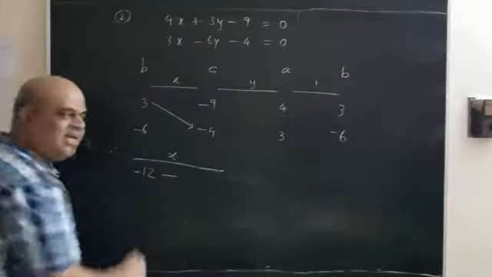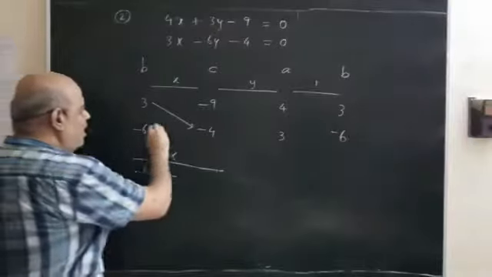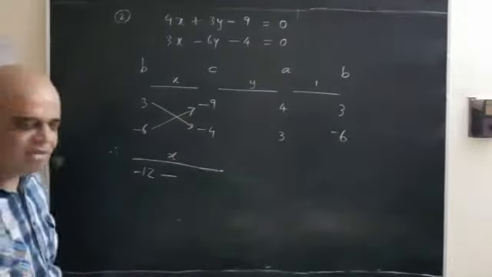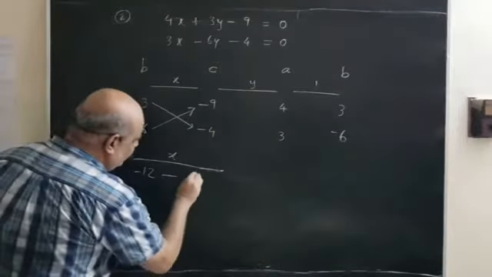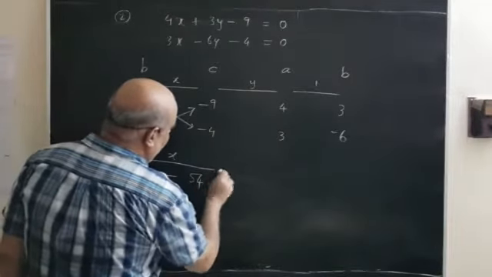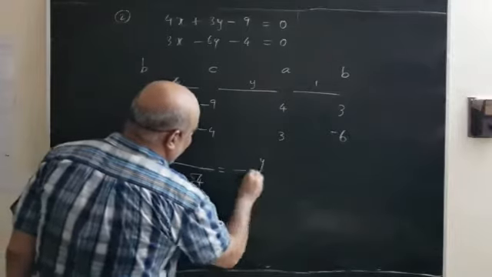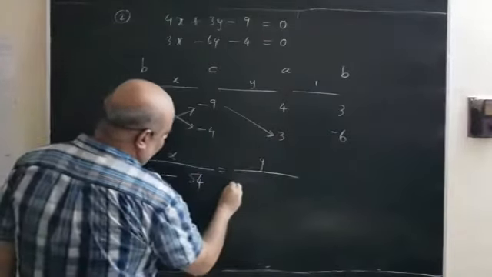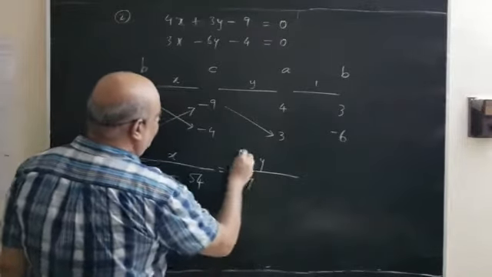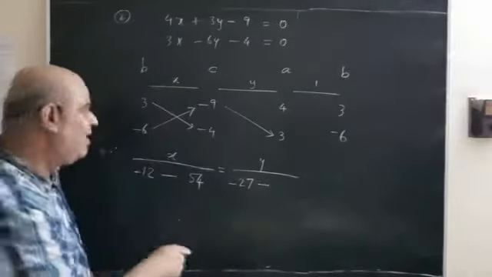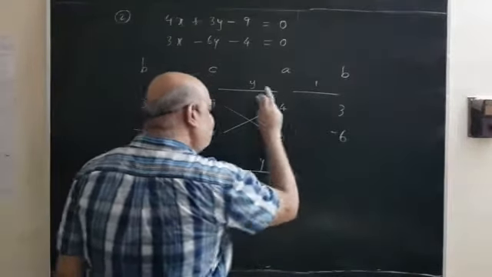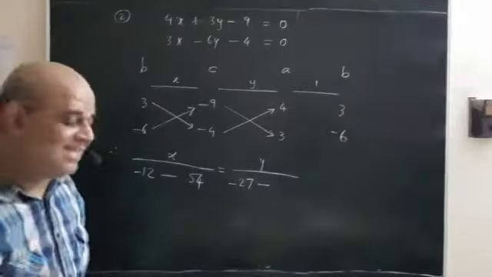So the formula itself had a minus, and I put an arrow like this. Minus 6 into minus 9 is plus 54. So minus plus 54, which is minus 54. Okay, is equal to y divided by, once again an arrow like this, minus 9 into 3, minus 27, minus, okay, and this time it goes like this, minus 4 into 4 is minus 16.